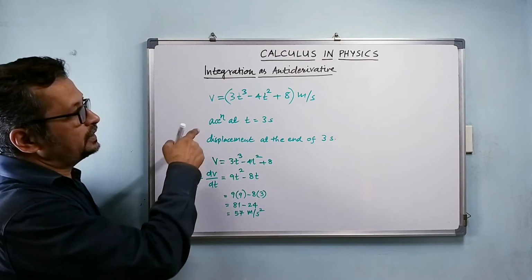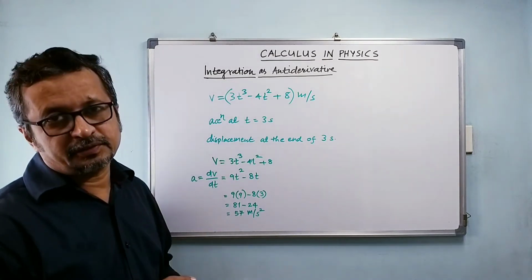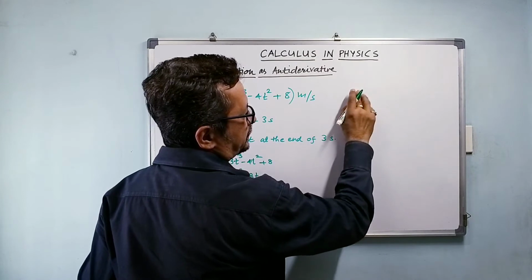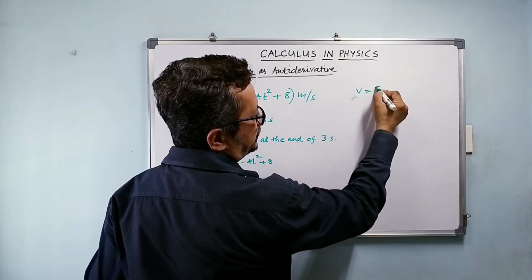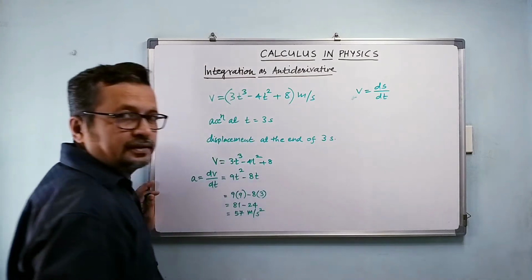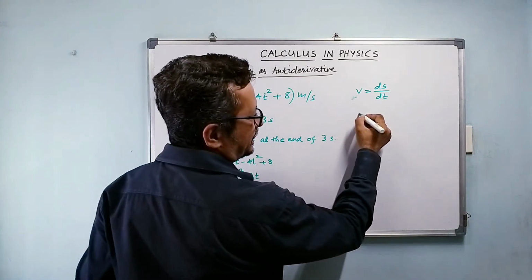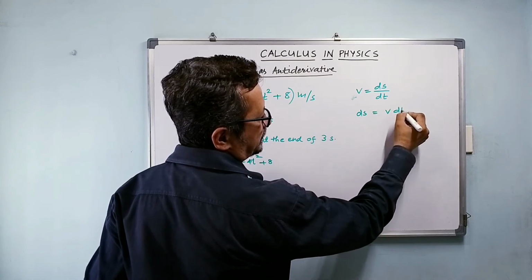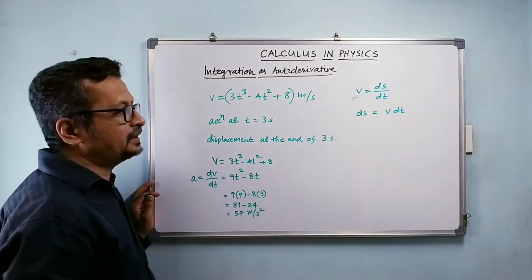Okay. Now getting displacement from velocity. Now what is my velocity? Velocity is equal to ds by dt. Correct. So I can say ds is equal to v dt. Right.